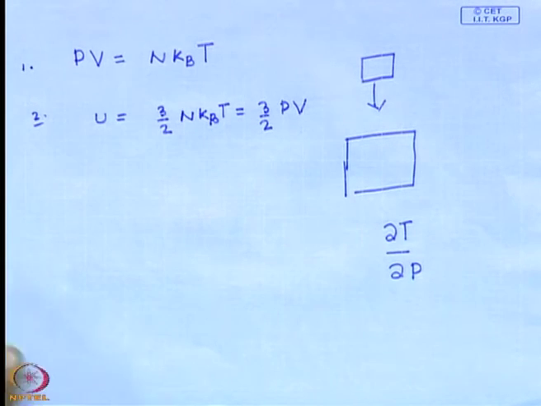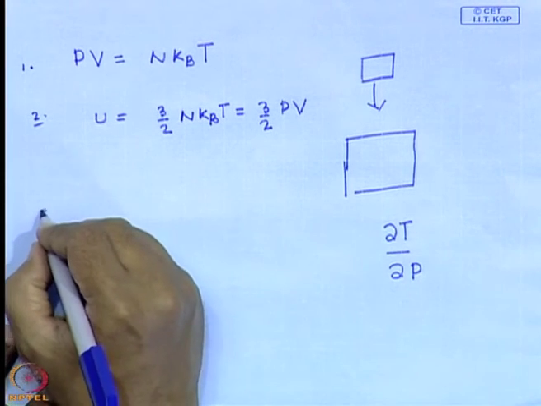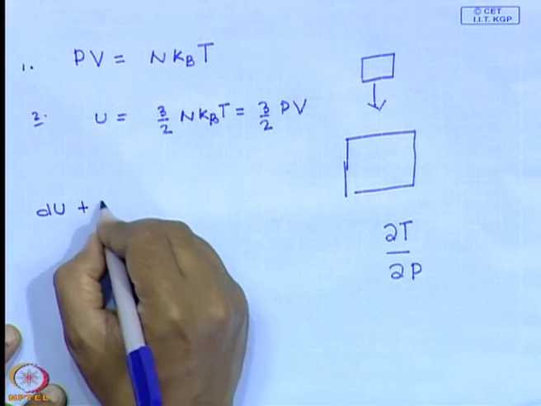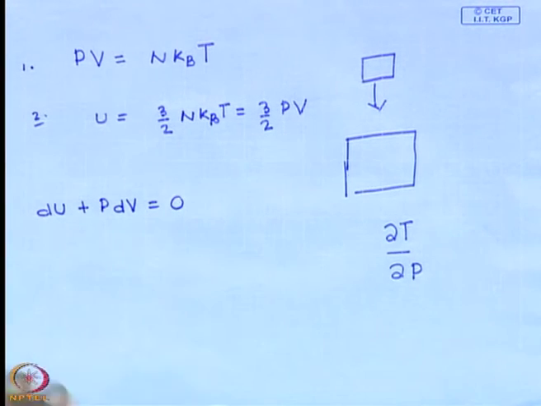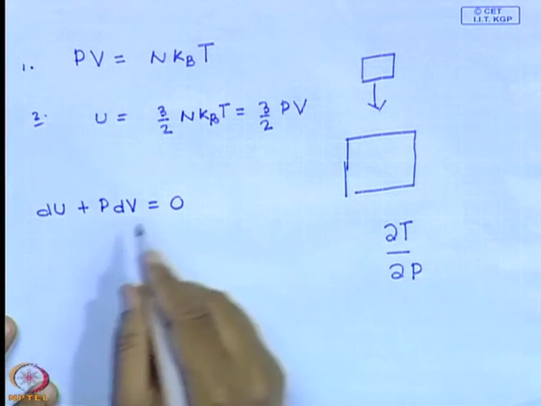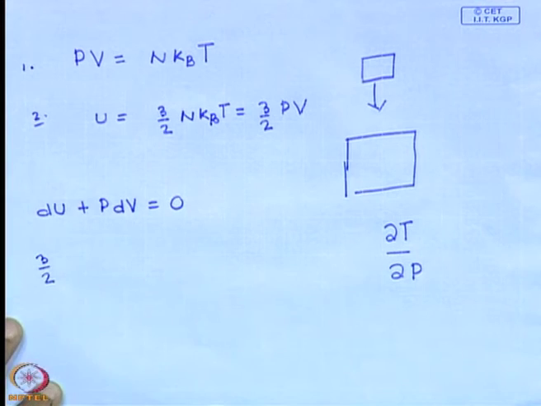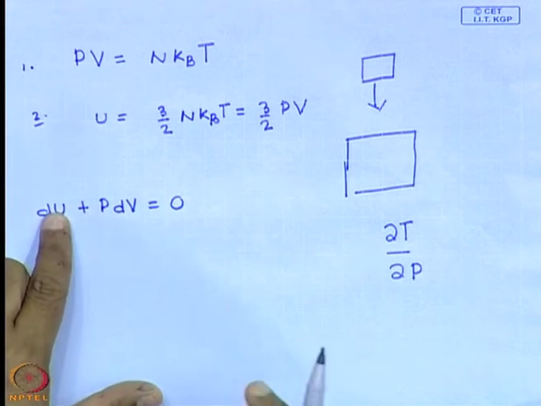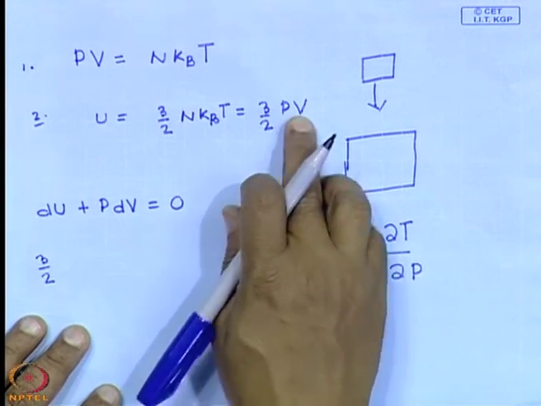Now, for an adiabatic process, applying the first law of thermodynamics, dU plus P dV is 0. Which can now be written as 3/2, and here we will have two terms. One will be P dV when I differentiate this, and the other one will be V dP.